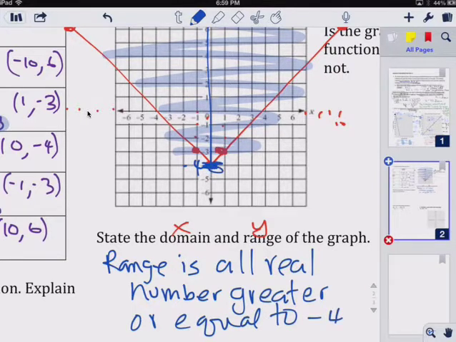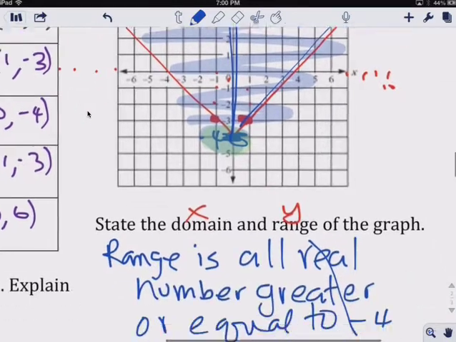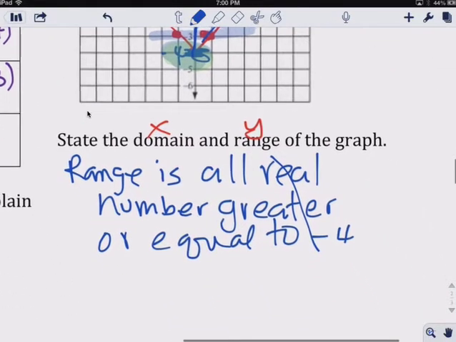It's -4 right here. I'll highlight a different color right here. The range is right there, -4, where it starts, and it goes up. The graph keeps going up and higher from there. Okay? Oh, I don't know why I had that on the whole time.